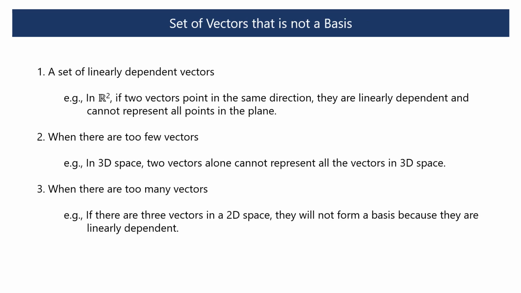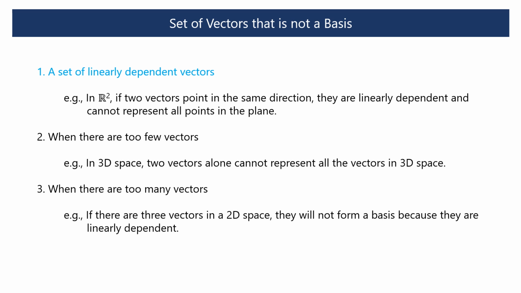And there are sets of vectors that are not a basis. In order to be a basis, a set of vectors must be linearly independent and must span the space. Any set that does not satisfy these conditions cannot be a basis. Specifically, there are the following cases.